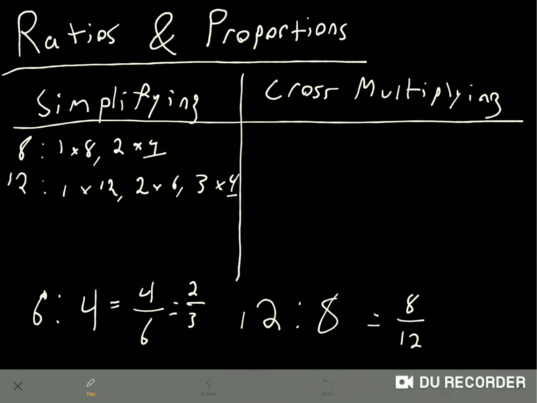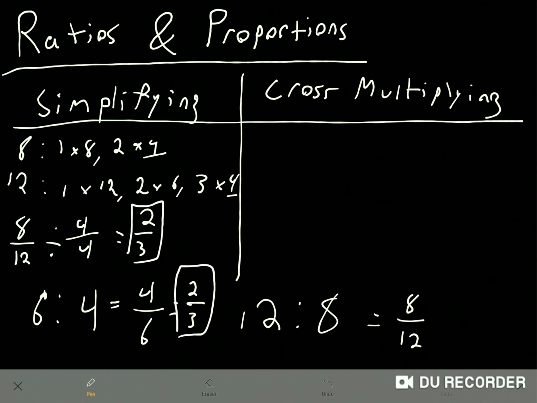So the greatest common factor between 8 and 12 is 4. So we're going to divide the fraction by 4 over 4. Let's write that down: 8 over 12 divided by 4 over 4. And that's going to get us 2 over 3. As we can see, 2/3 here is the same thing as 2/3 there. So this would tell us that these ratios are equal to each other.